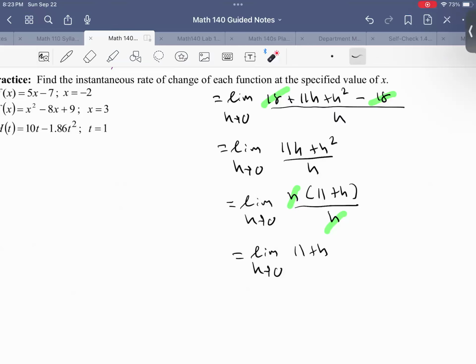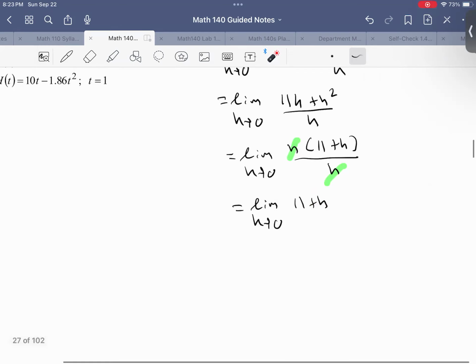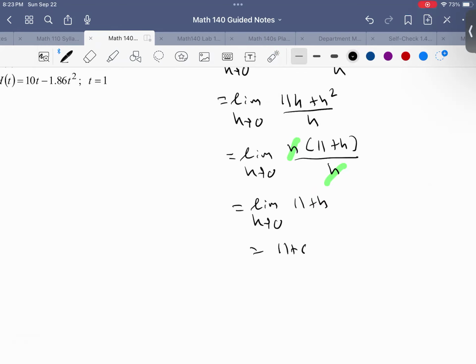And now it's okay to plug in 0 for h because I'm not going to have a 0 on the bottom. The limit goes away, and I'm just going to end up with 11. So this is the instantaneous rate of change of f of x at x equals 2.